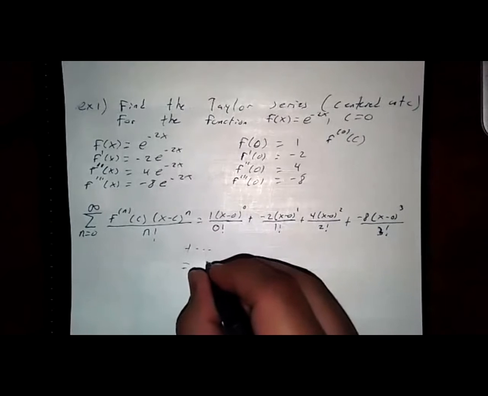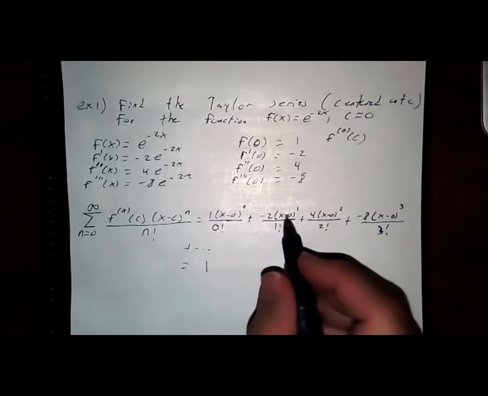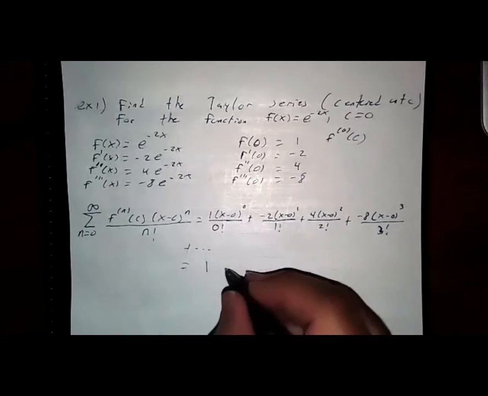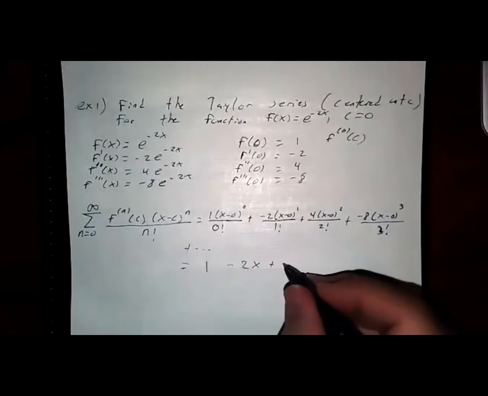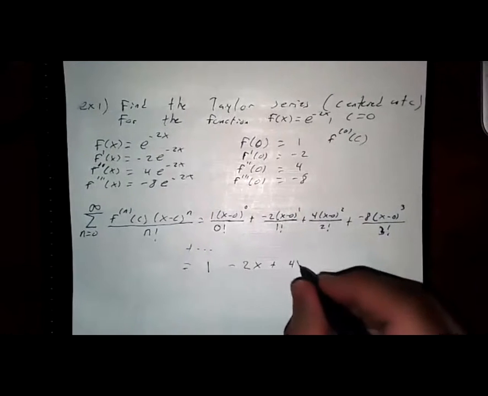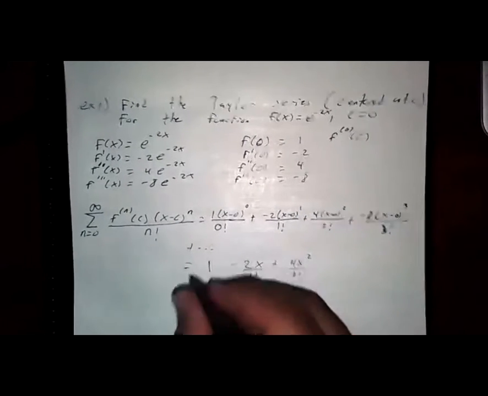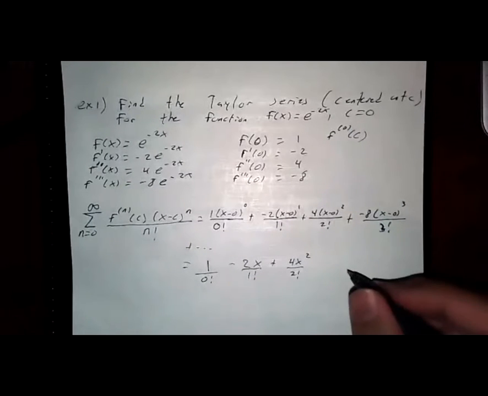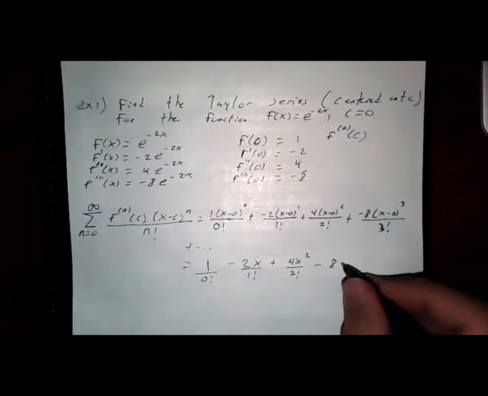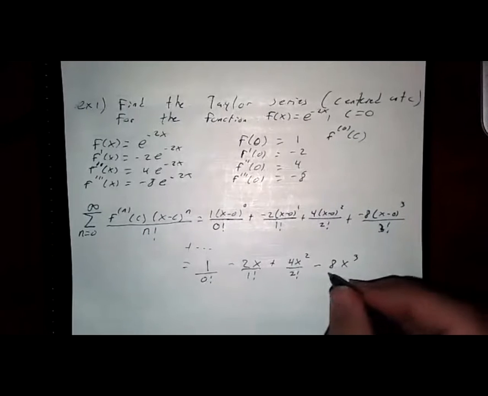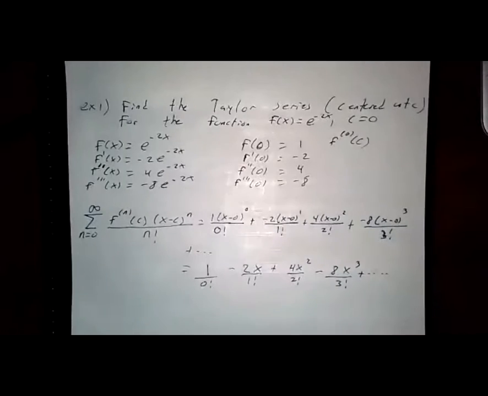First term is a 1. 1 factorial is 1, and x minus 0 to the first is x, so this becomes negative 2x. This becomes 4x squared over 2 factorial. This becomes negative 8x cubed over 3 factorial, and it keeps going.